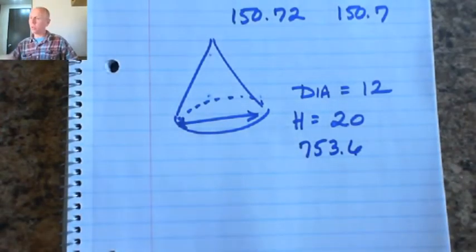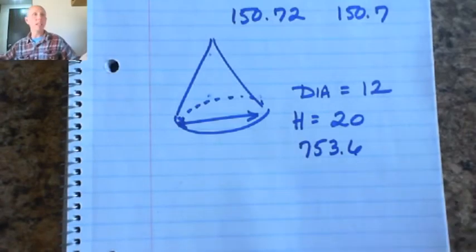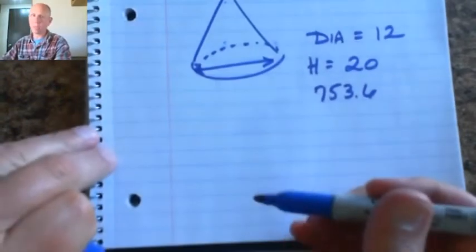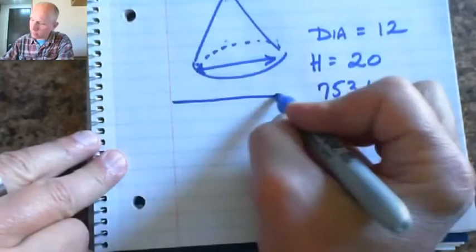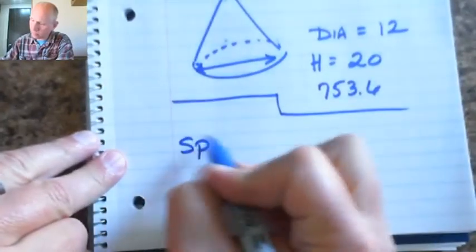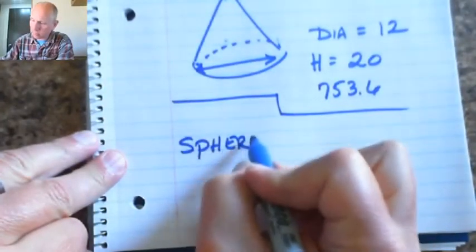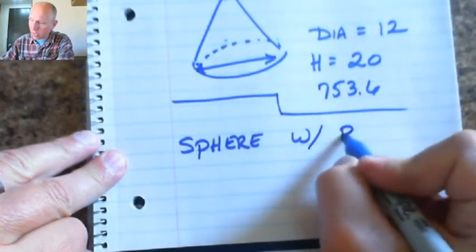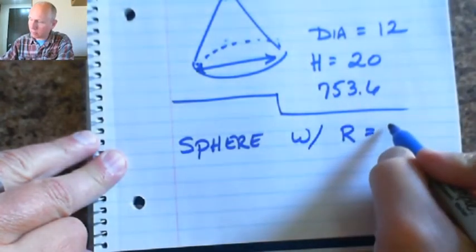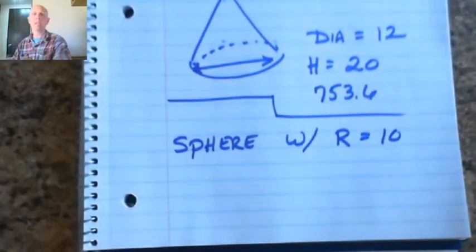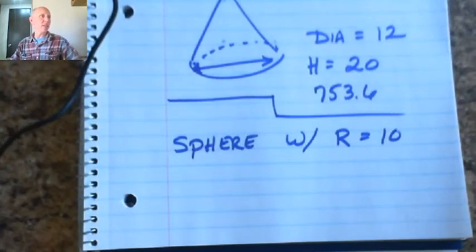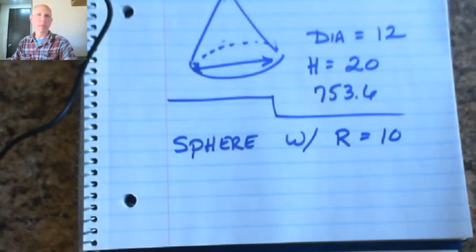And now let's do a sphere. I'm going to use the same piece of paper. A sphere with a radius of 10. What is the volume of that? A radius of 10. Got it.